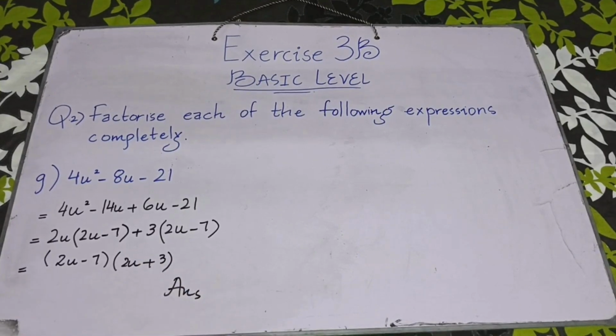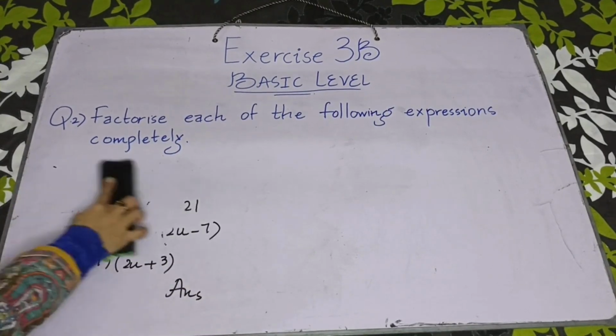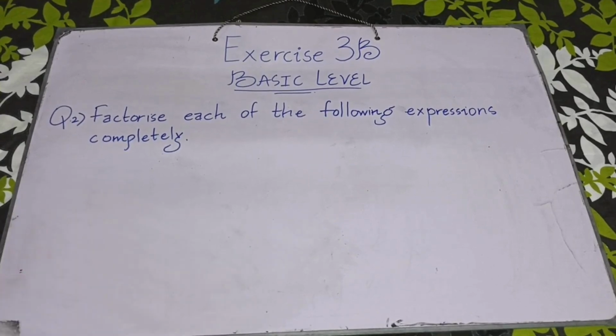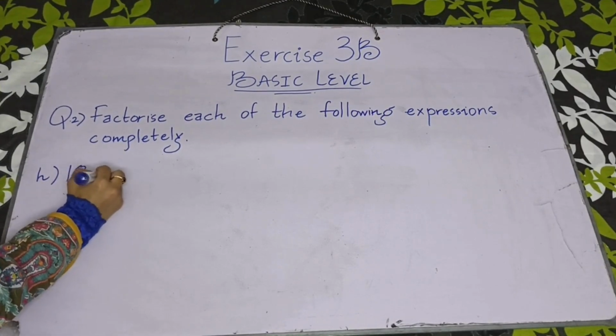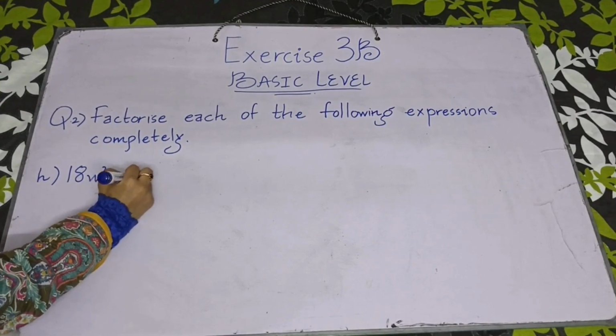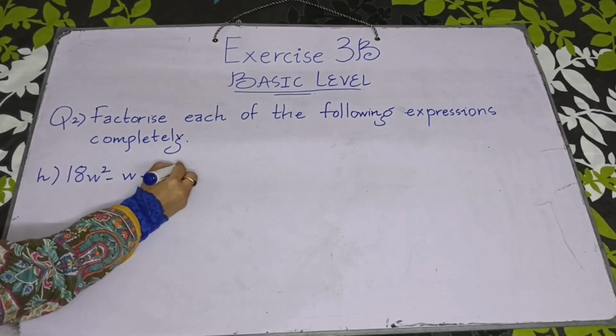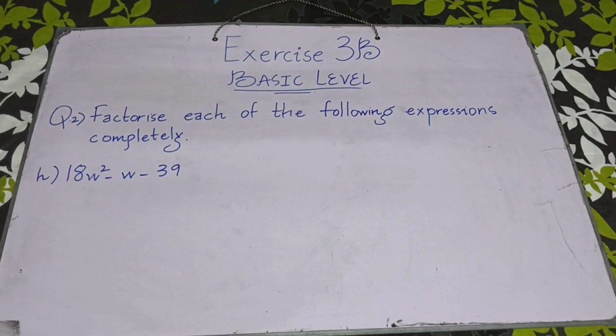Now the last sum, that is H of question number 2. H says 18w square minus w minus 39. So we have a big number.